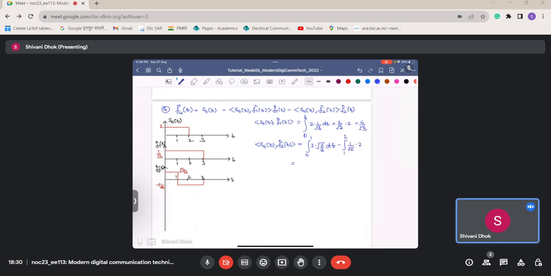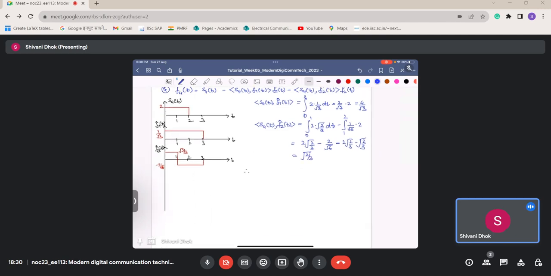So this is basically 2 into 2 by under root of 2 by 3 minus 2 by root 6, and this 2 by root 6 I can write as under root of 2 by 3, and this comes out to be under root of 2 by 3.